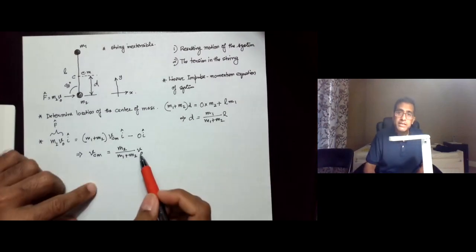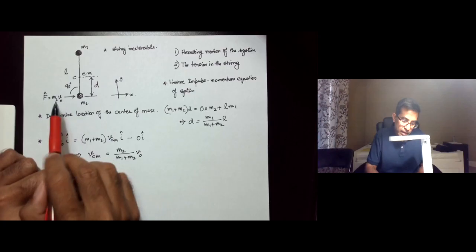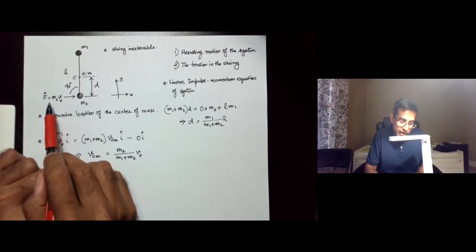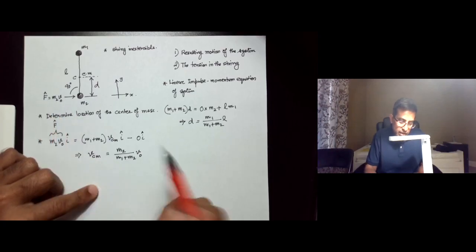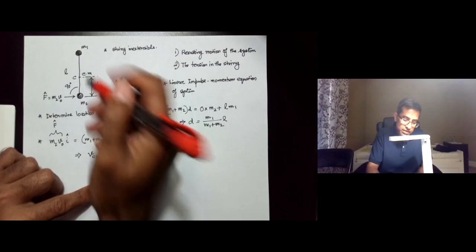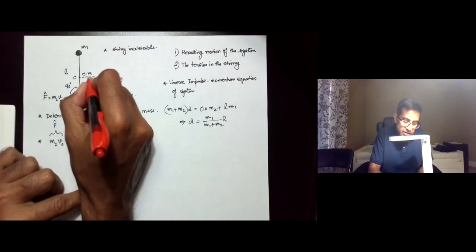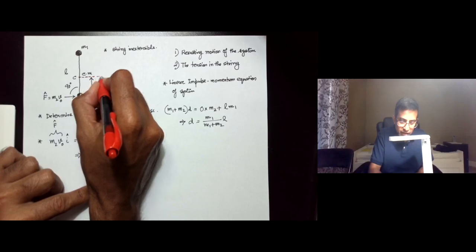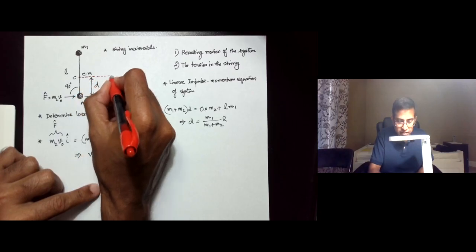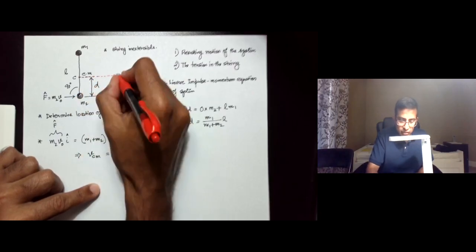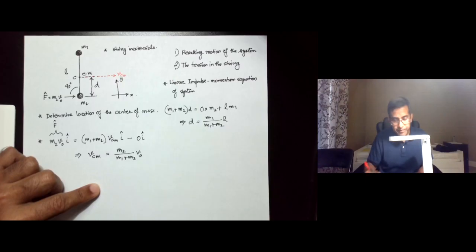So what this means is that at the instant when the impulse acts on this system, the center of mass starts traveling in the i direction with a velocity vcm.